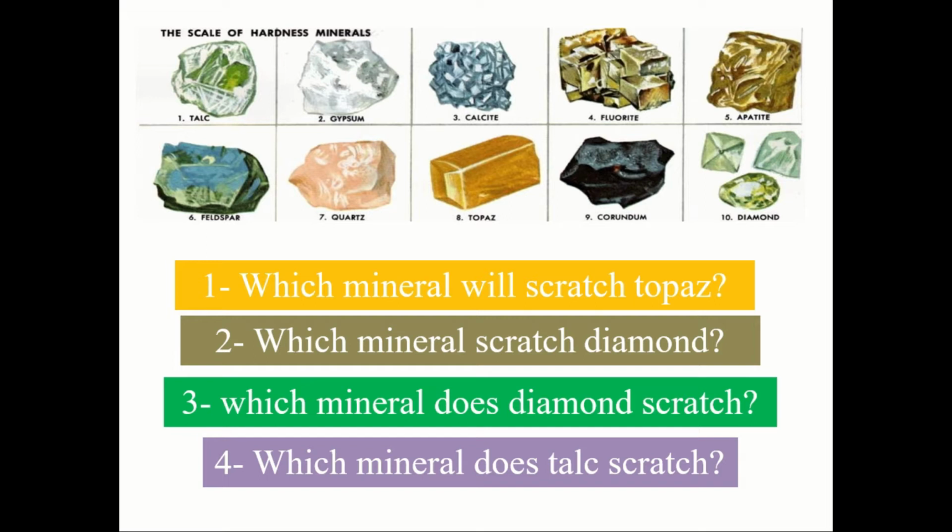Diamond to diamond can scratch each other because it's the hardest among all the minerals in our Mohs scale. Next is, which minerals does diamond scratch? The answer is, of course, 1 to 10. Yeah, so that is correct. If your answer is 1 to 10, then you are correct. So diamond, as I have said, can scratch all the minerals.